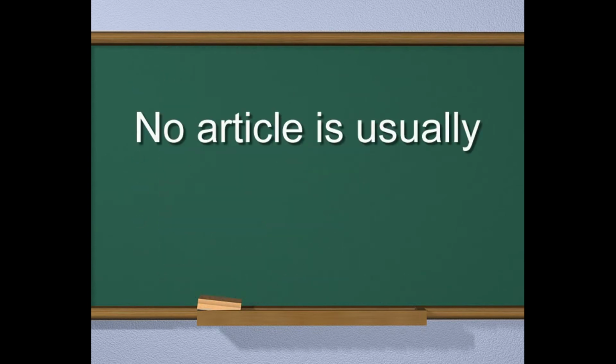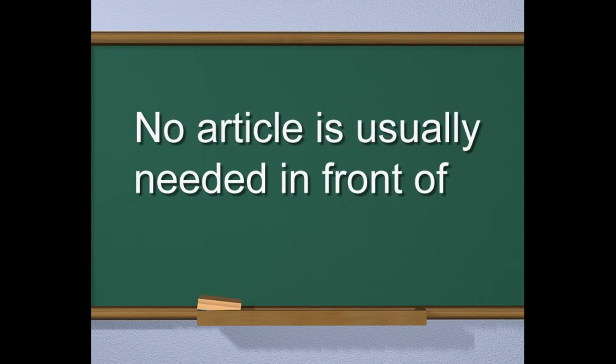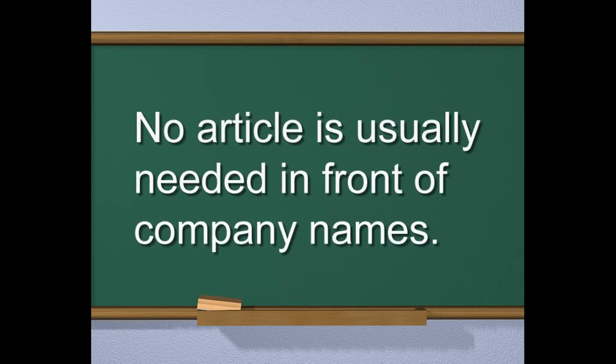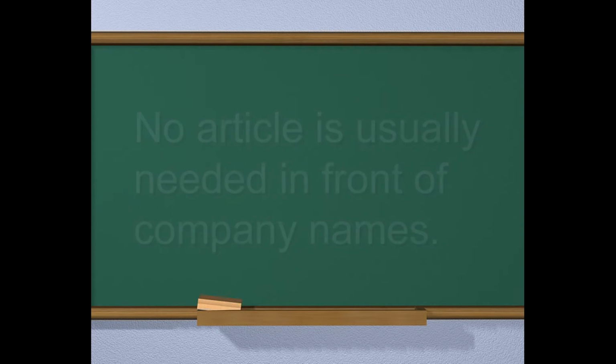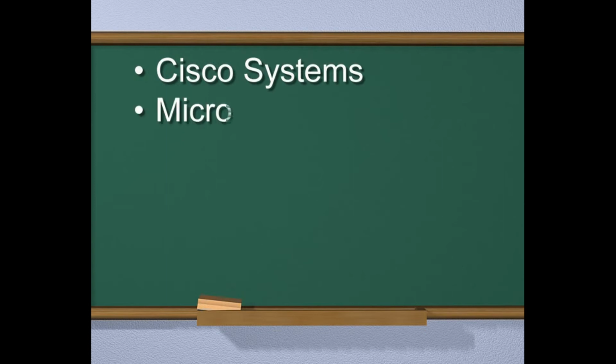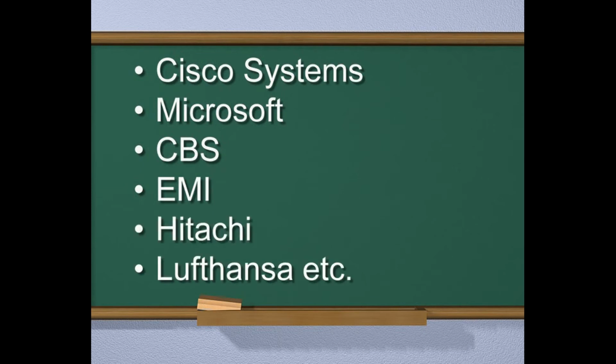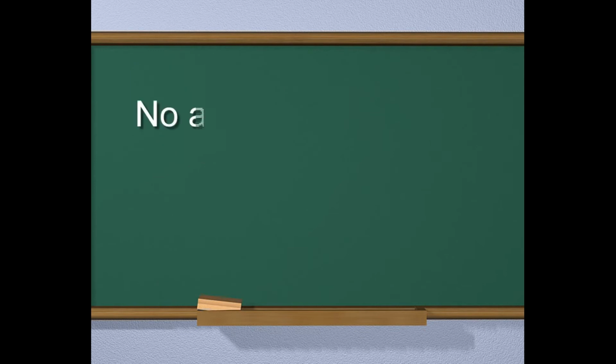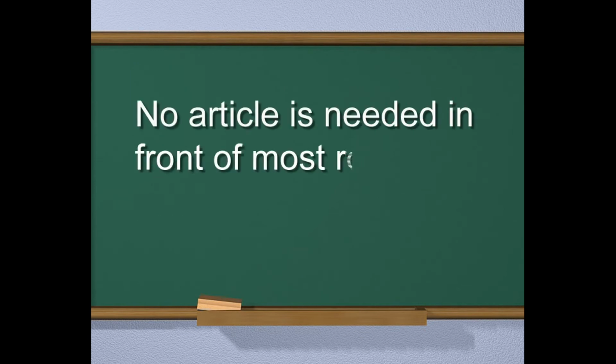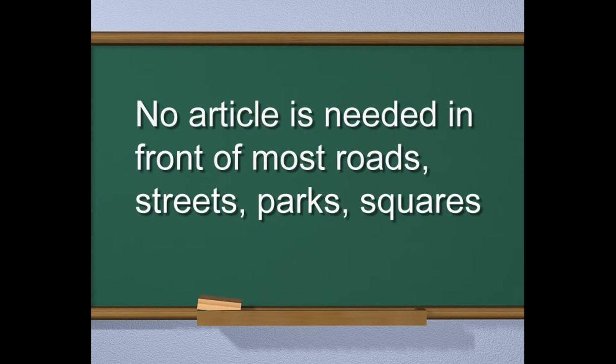No article is usually needed in front of company names. Cisco Systems, Microsoft, CBS, EMI, Hitachi, Lufthansa, etc. No article is needed in front of most roads, streets, parks, squares or bridges.